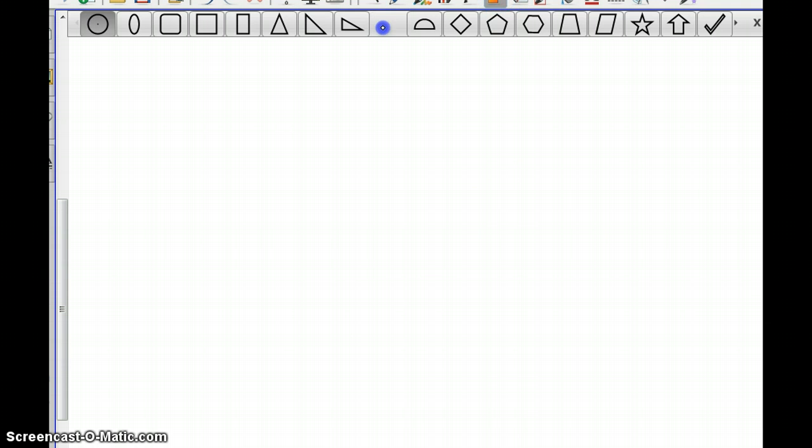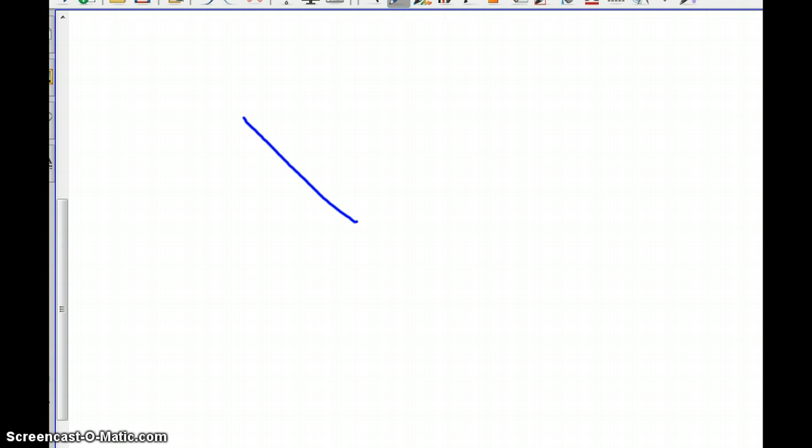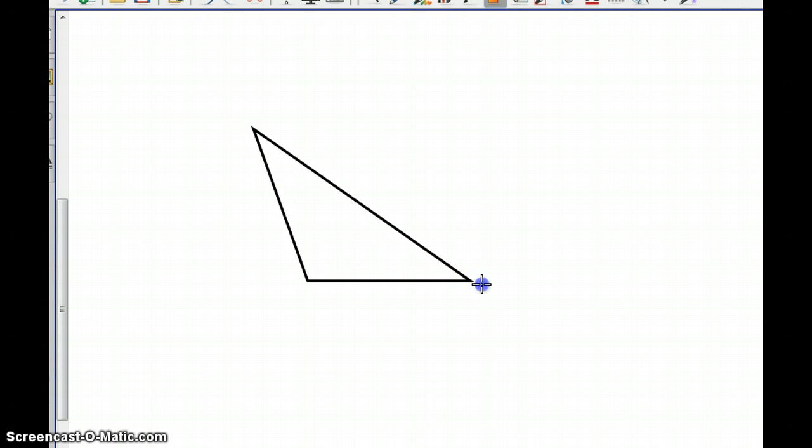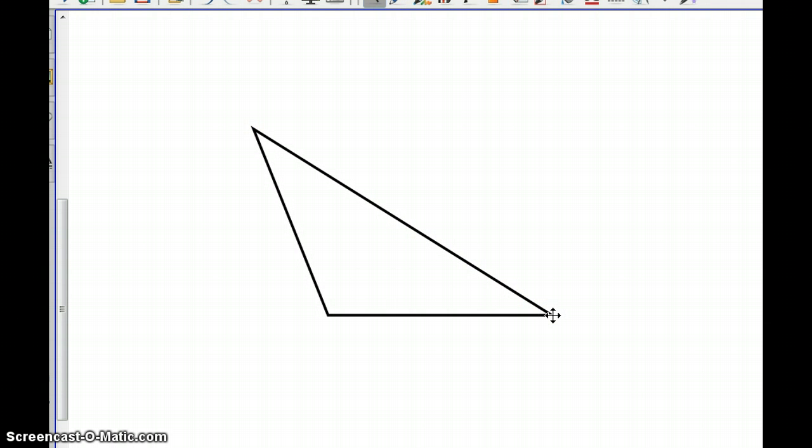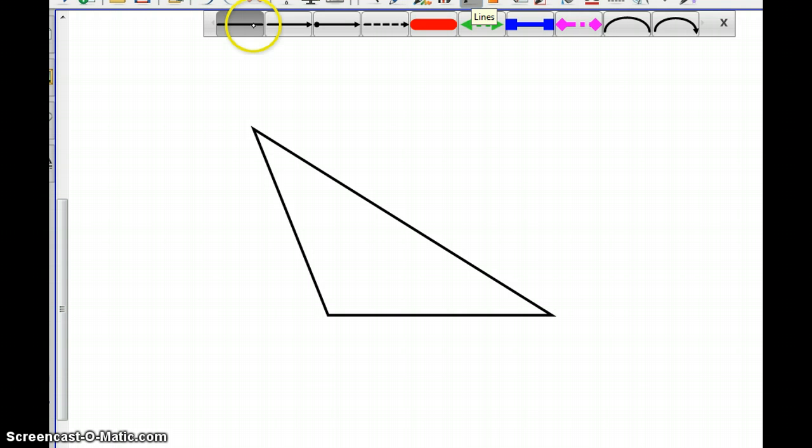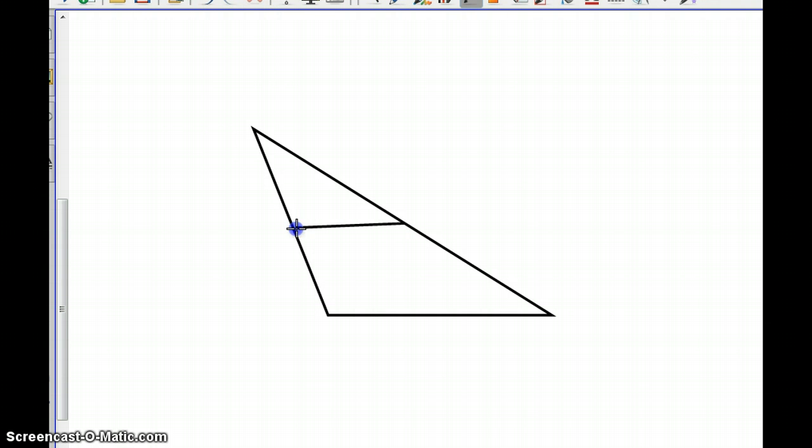So if I have a triangle, and then I have a line like that, I'm saying that my triangles are similar.